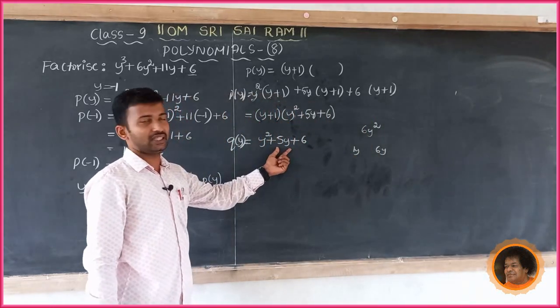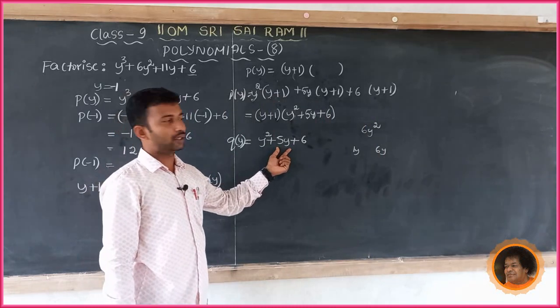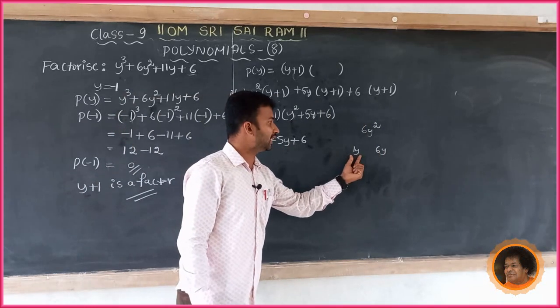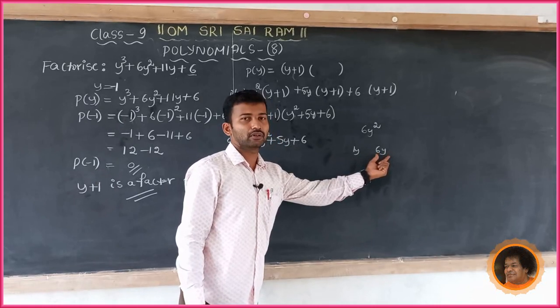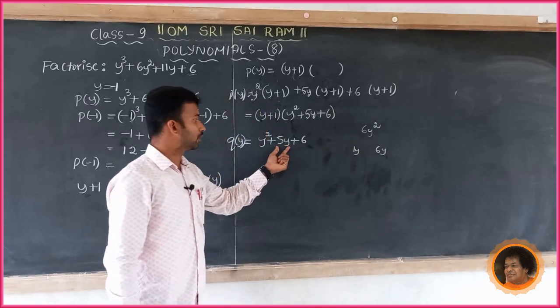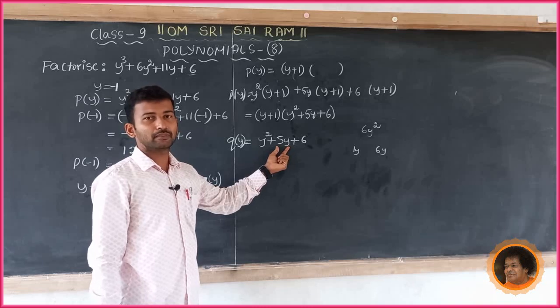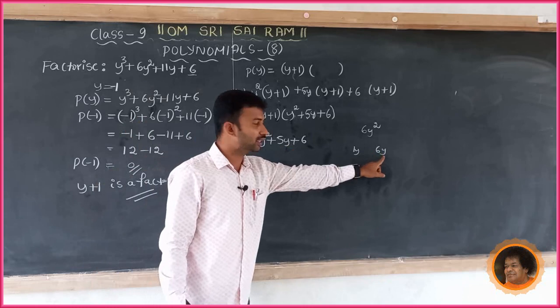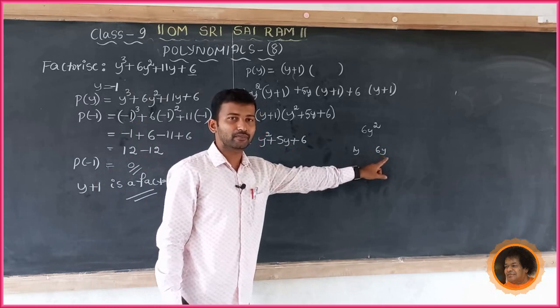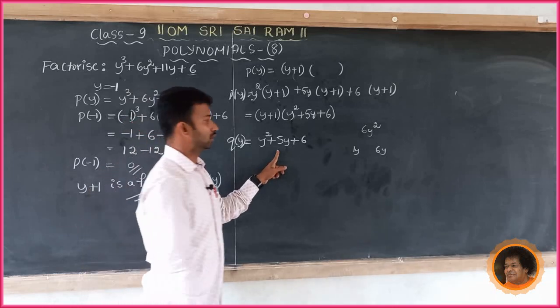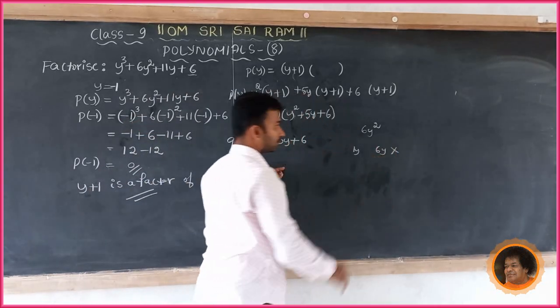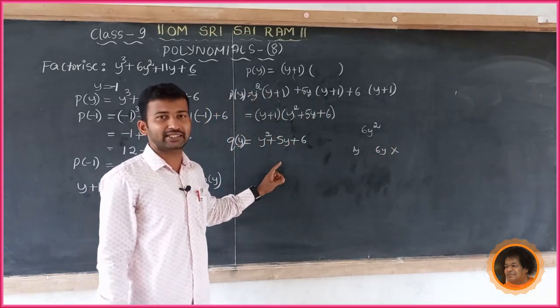But the condition is, if you take p is equal to 1y, q is equal to 6y, the sum here should be 5y. If you add 1y and 6y, we get 7y. Is it possible to get 5y from 1y and 6y? No, it's impossible. So the first factors are rejected.